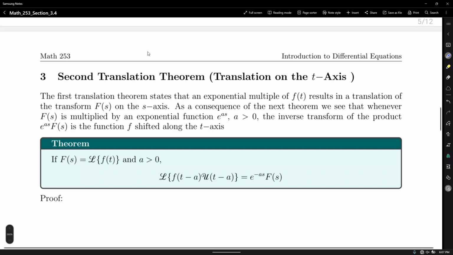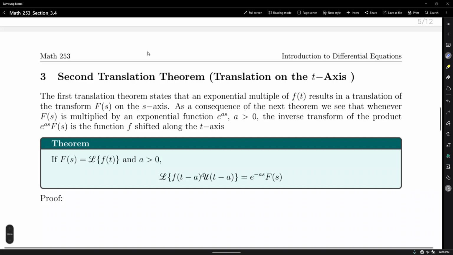Just to give you the heads up, what did we do in the previous theorem? We found the transform of the elementary function. Then whatever we obtained, we just shifted to s minus a. But we did the translation in the world of s.